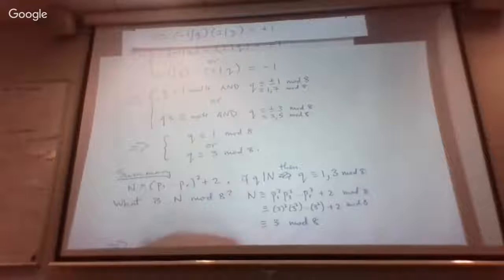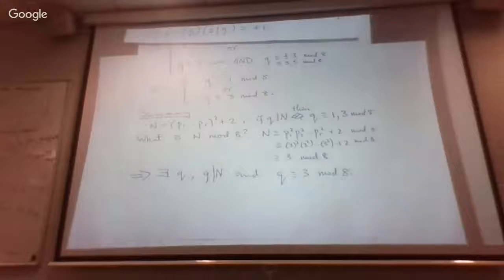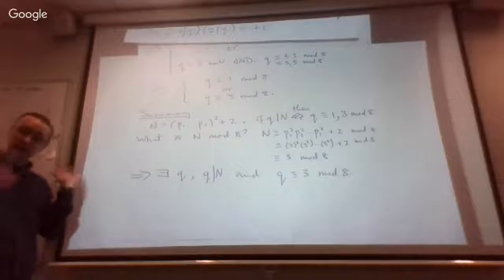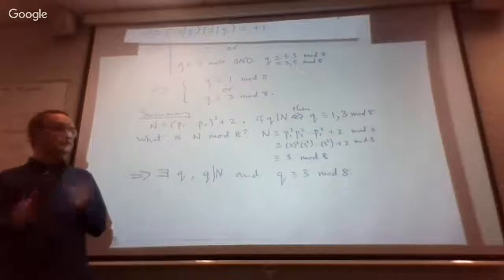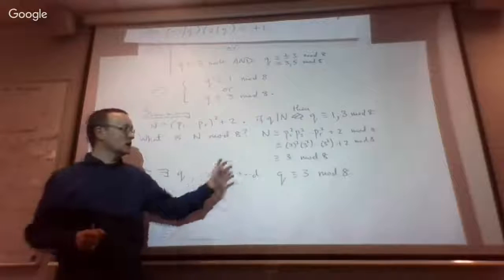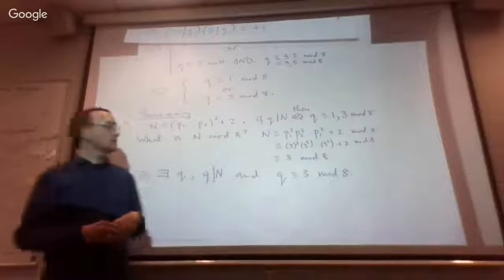So that implies there exists a q such that q divides n and q is congruent to 3 mod 8. Well, by assumption, it must be one of the p's. Because we've assumed, wrongly, but for the purposes of proof by contradiction, that there are only a finite number of such primes congruent to 3 mod 8.